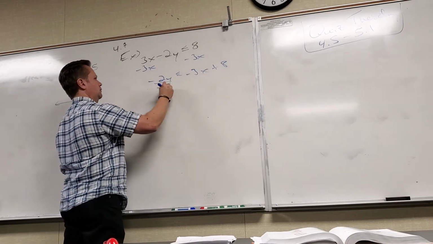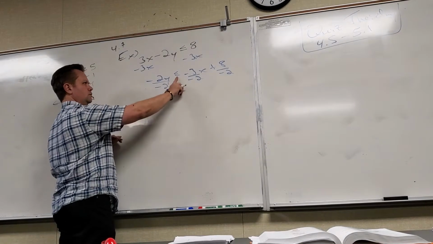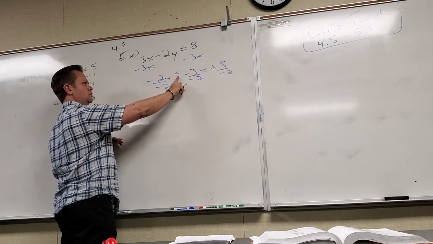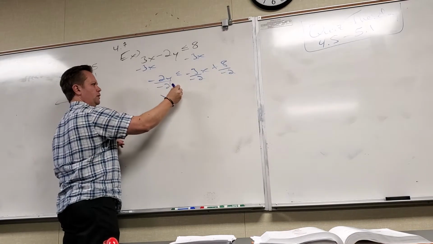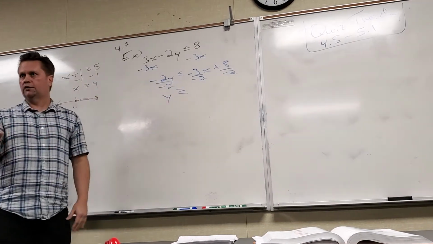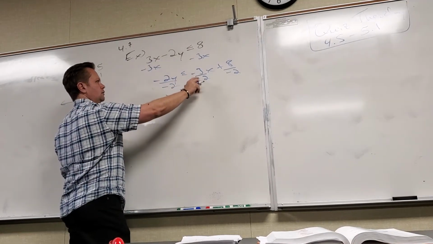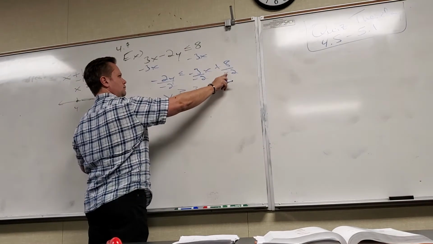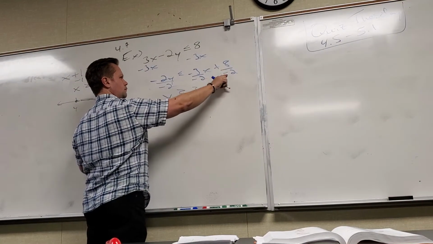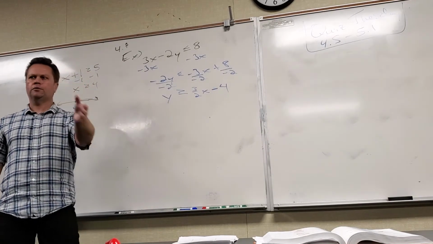So that ends up being y equals... oh, equals. What happens to this? Got to flip it because we divided by a negative, right? And of course this becomes positive 3/2 x - 4. Okay, so now you can see the slope and the y-intercept.